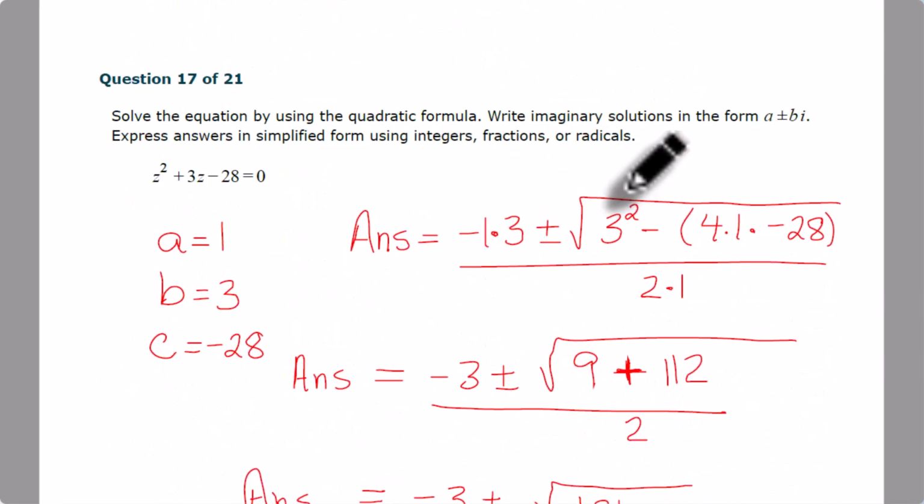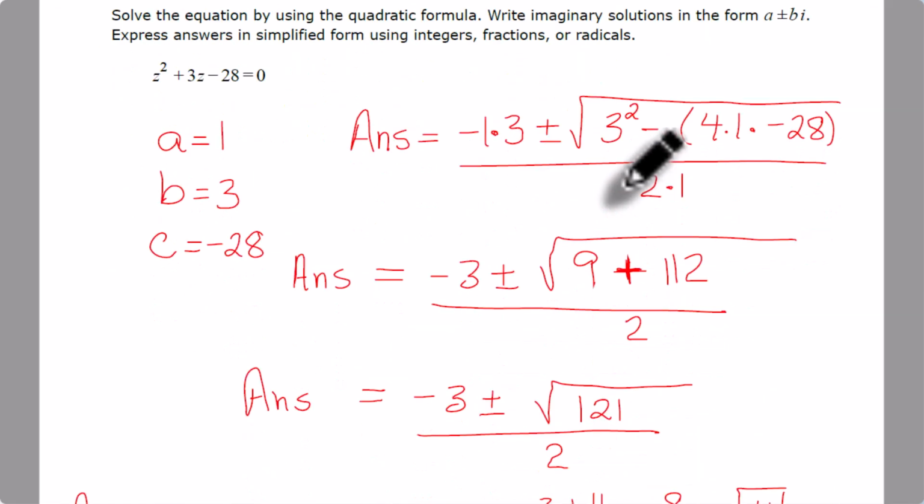Let's see, question 17 here. All right, let's see. I've got A, lead part is a 1, B is 3, C is a minus 28. The sign goes with it. All right, so let's see. Here's B in its places.